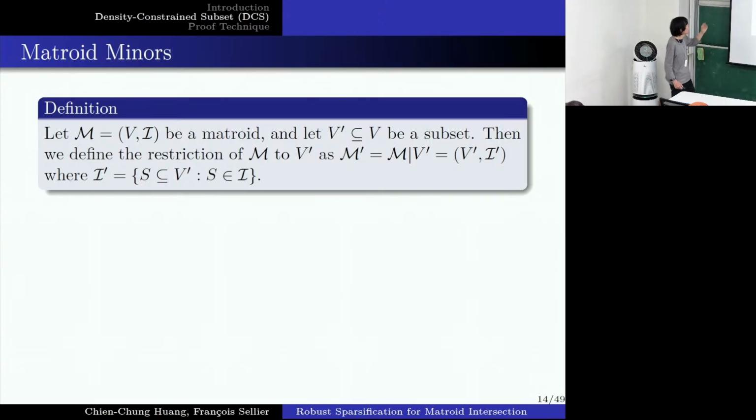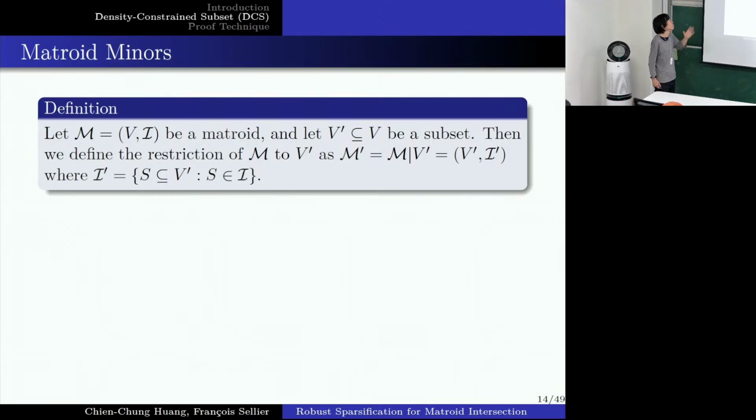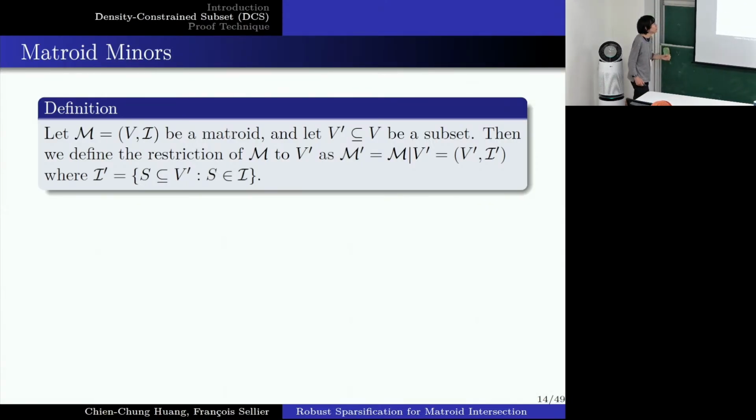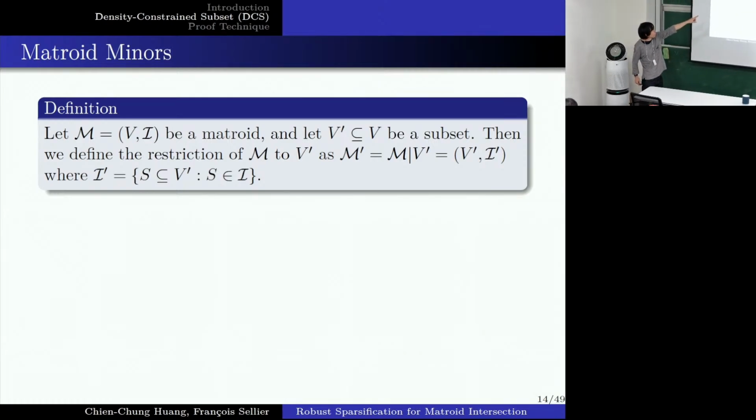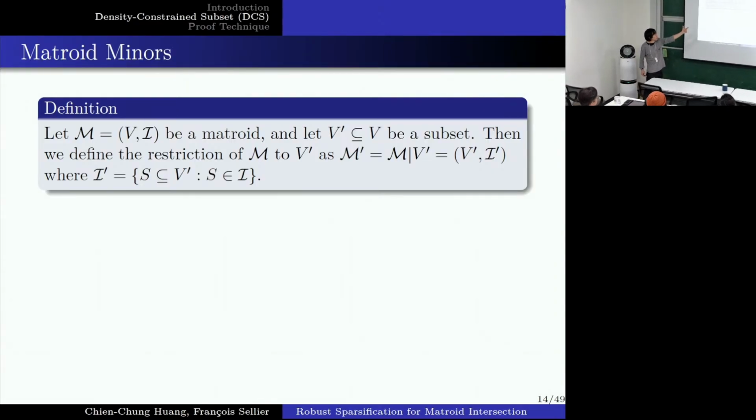Then I have to introduce the notion of matroid minor. There are two ways. The first way is called restriction. If you have V as the ground set and V prime is a subset, you can define a new matroid M prime, which is M restricted to V prime.